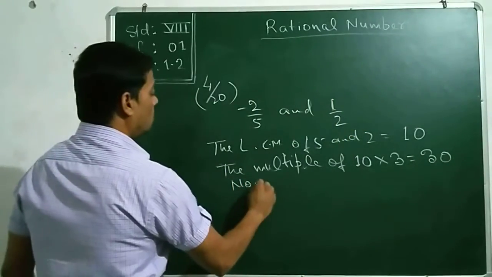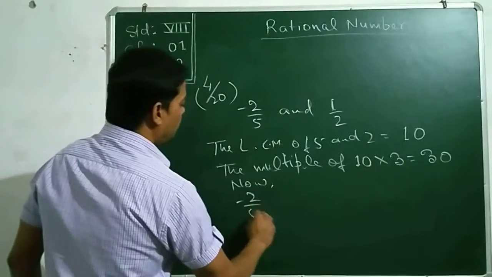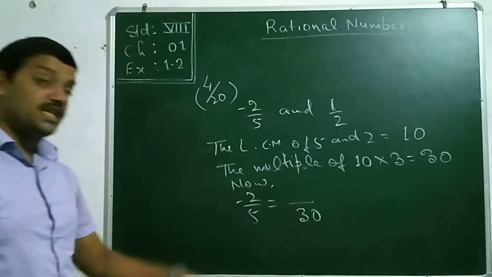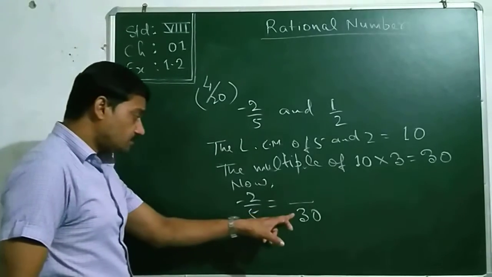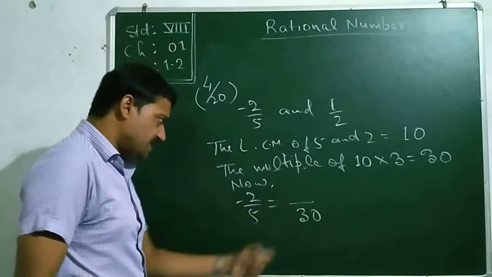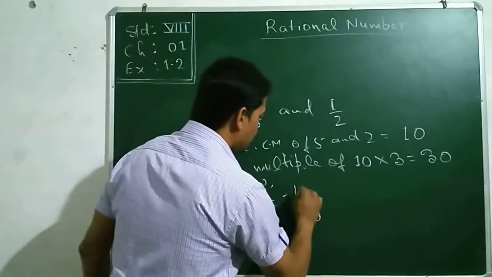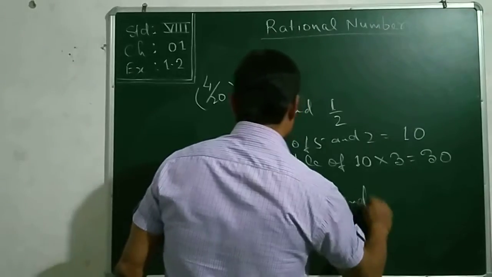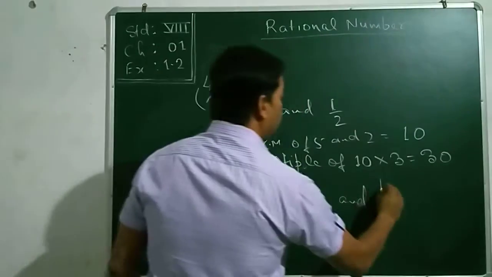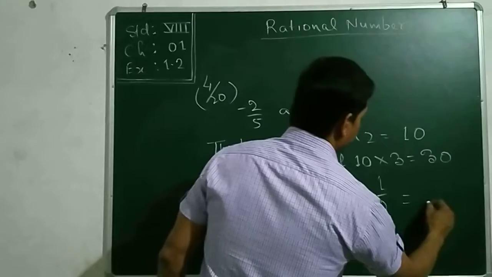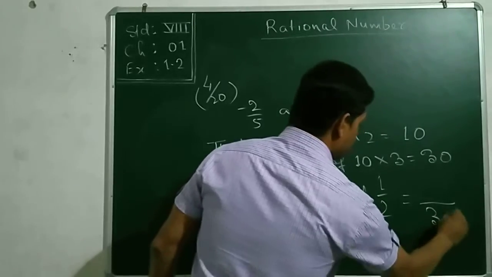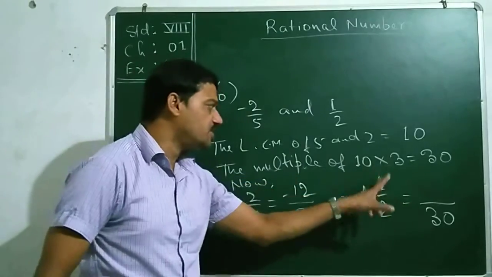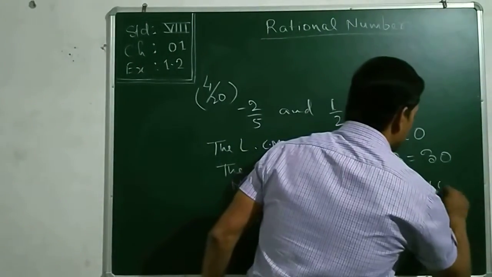Now, minus 2 by 5 equals, if the denominator is made 30, then 5 sixes are 30, minus 2 sixes are minus 12. And 1 by 2 can be written as, if we change the denominator to 30, 2 fifteens are 30, so 1 fifteen is 15.